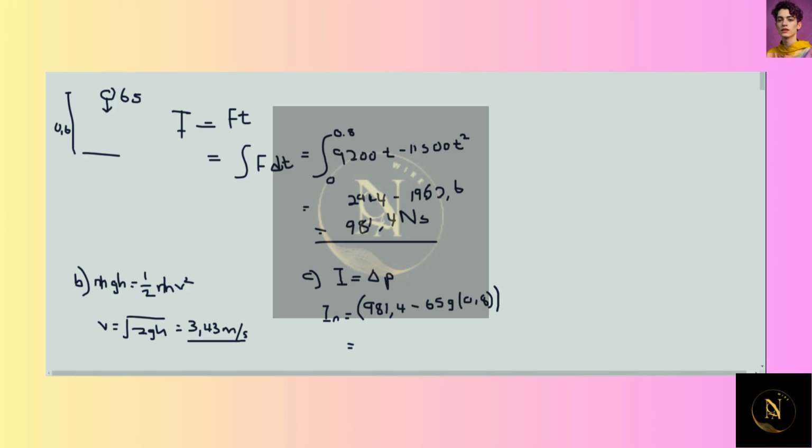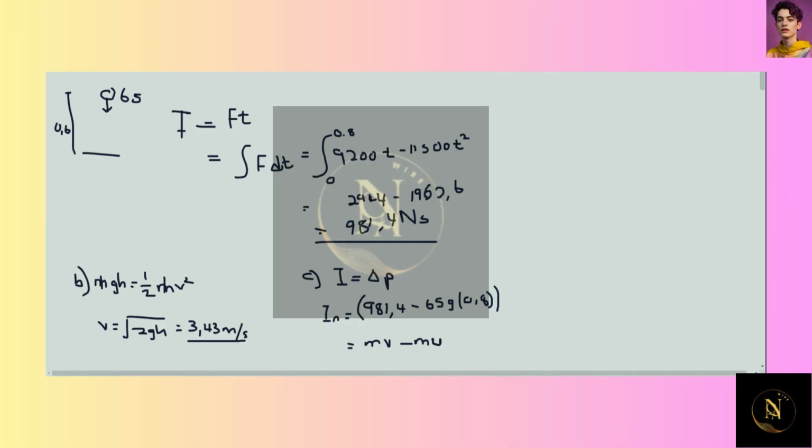Once you have that, you know that the change in momentum can be written as mv minus mu, where u is the initial velocity. So this is the final velocity, this is the initial velocity. But notice that as she's going back up here, the velocity is now negative, so the initial velocity and the final velocity are in opposite directions.